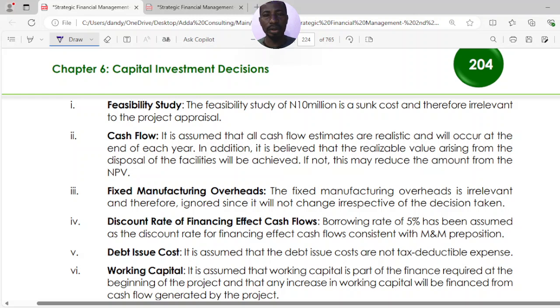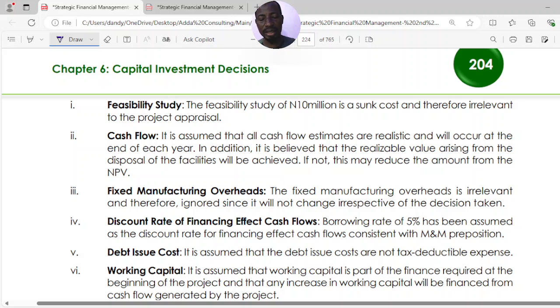When you want to state your assumptions, you have to talk about cash flow. And what is the assumption on cash flow? It's assumed that all cash flow estimates are realistic and will occur at the end of each year. In addition, it is believed that the realizable value arising from the disposal of the facility will be achieved.